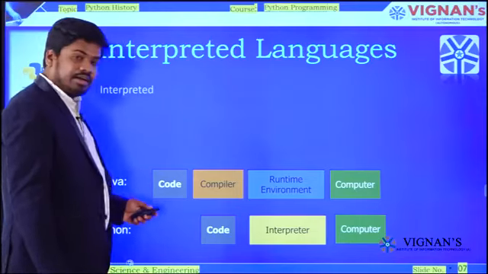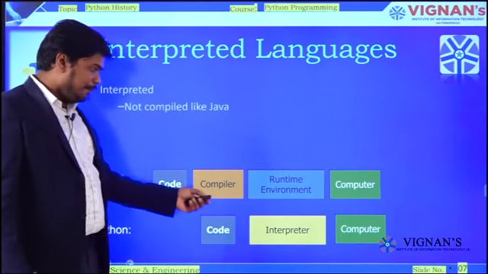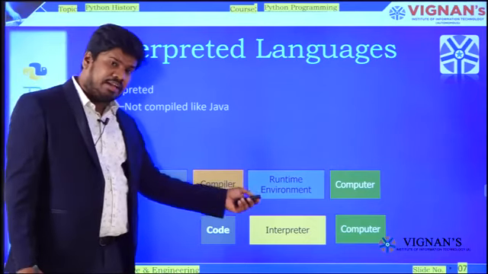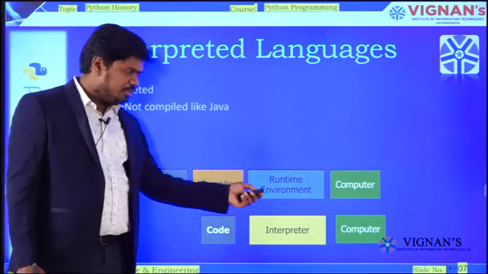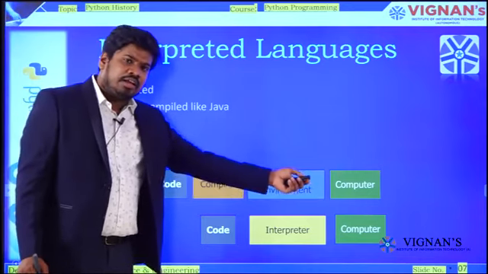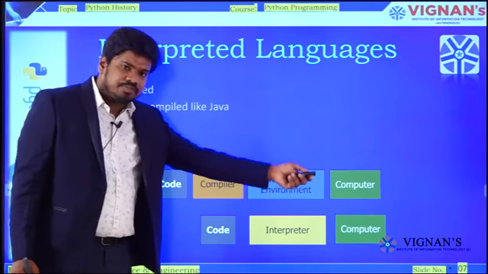Coming to this diagram, I have code, I have compiled it, a bytecode will be generated, and I will give that bytecode to the Java virtual machine, and the JVM will create a machine dependent code for that system.